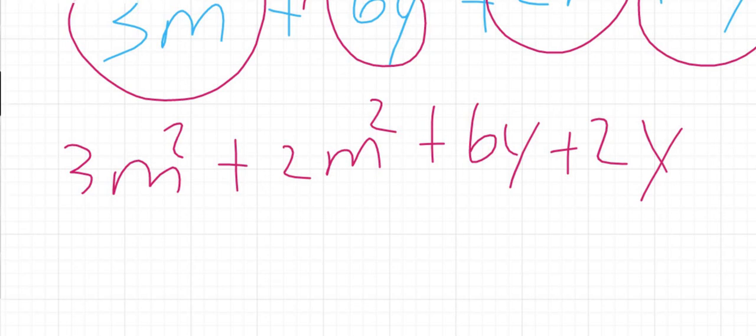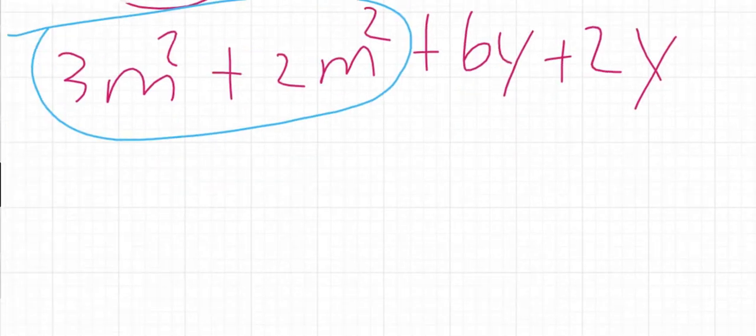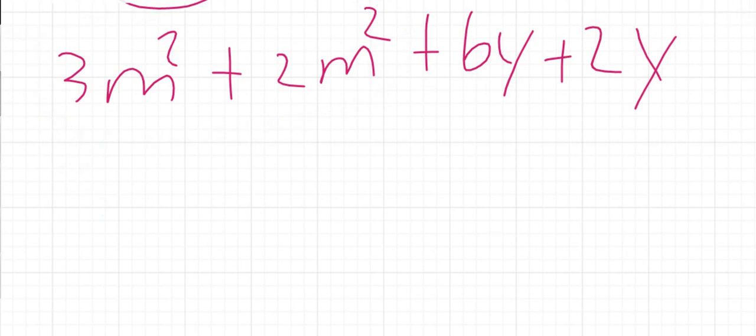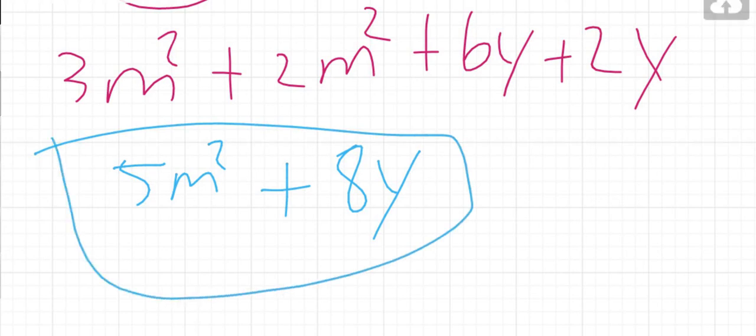For the m squared like terms, we see that they are adding, so let's go ahead and add them. 3m squared plus 2m squared will give us 5m squared. That gives us one term coming from two, so we are simplifying it. And 6y plus 2y will give us 8y. So we have simplified this expression.